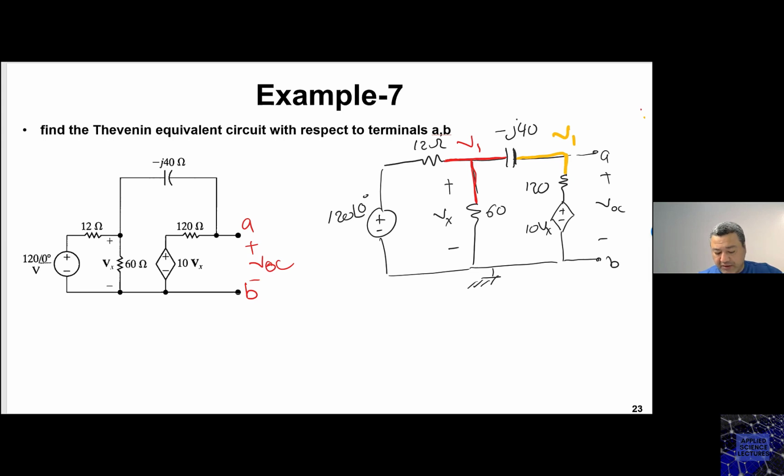Now notice that V1 is also V open circuit. But just for simplicity, sorry, V2.